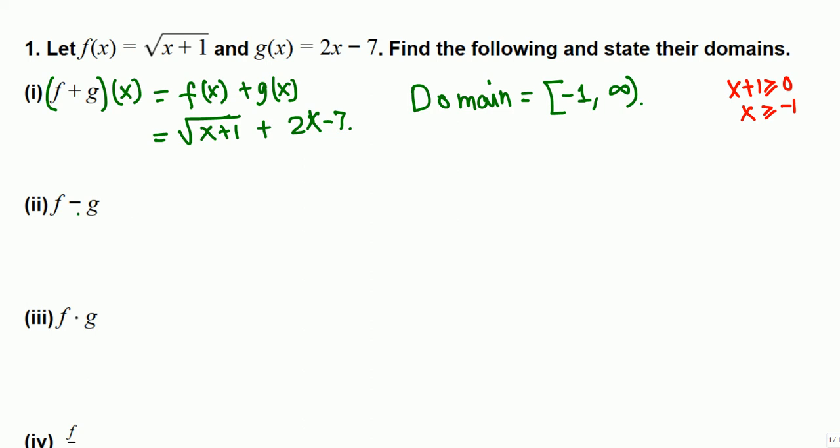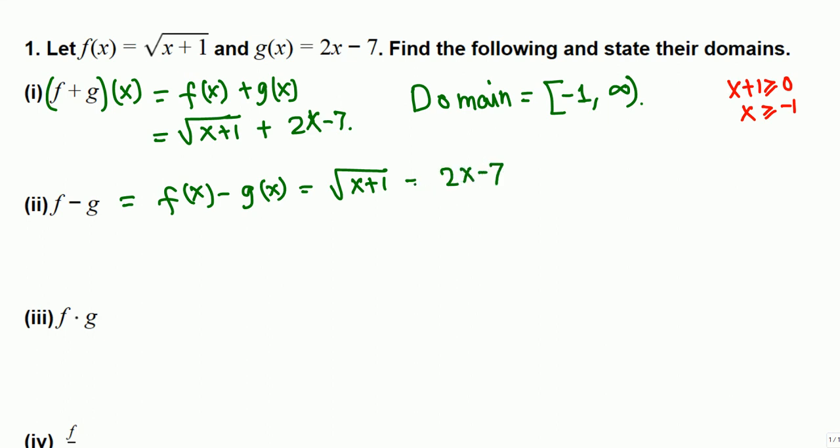Okay, let's move to part 2, f minus g. So basically we just subtract g(x) from f(x), so f(x) minus g(x), that is f(x) is given by root x plus 1 minus g(x) is given by 2x minus 7.